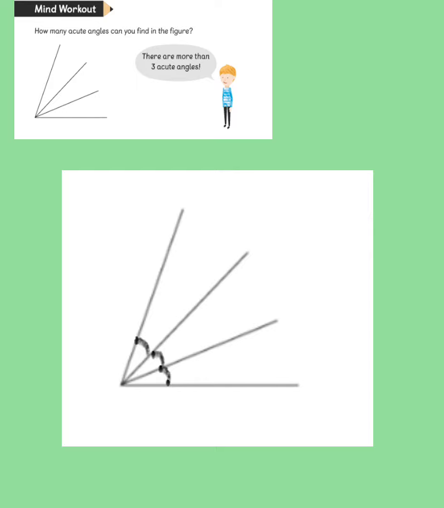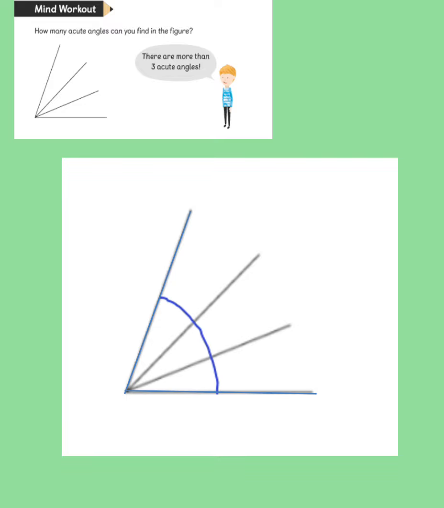So, I imagine most of you will have started by finding these 3 angles that I've marked out on this slide. They're probably the easiest to spot. That's what I found first anyway. Next, we've got the acute angle made between the 2 outermost lines in the figure, which I've highlighted in blue there for you.